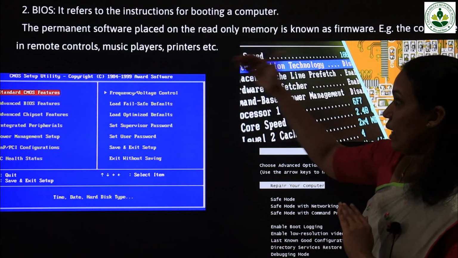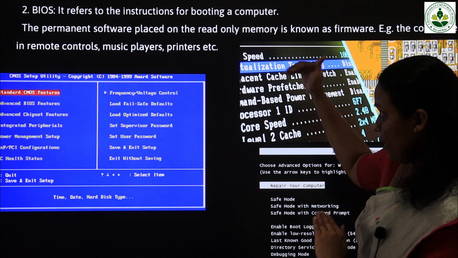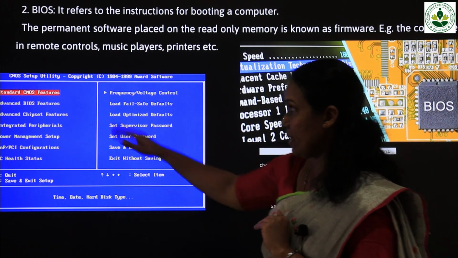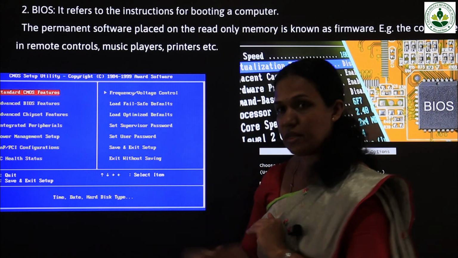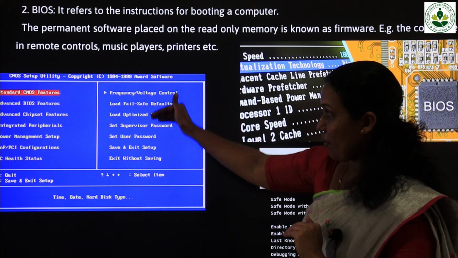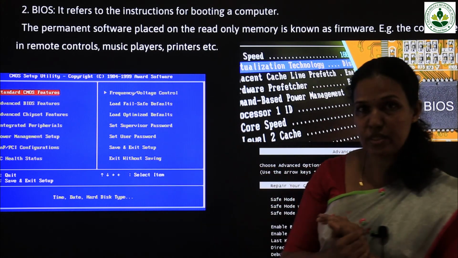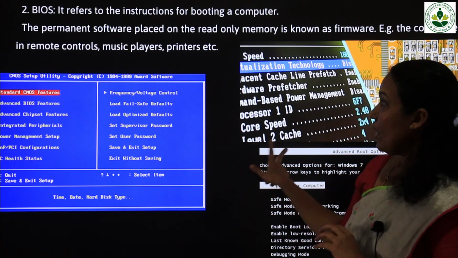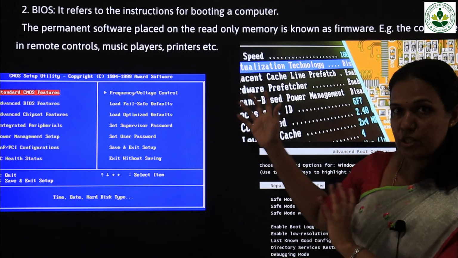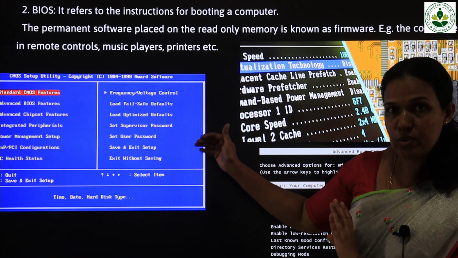When we open the BIOS setup, you can see these things. If there is any failure, we can go to this page and make changes here. No need to worry more about this; I just showed you what a BIOS screen is.